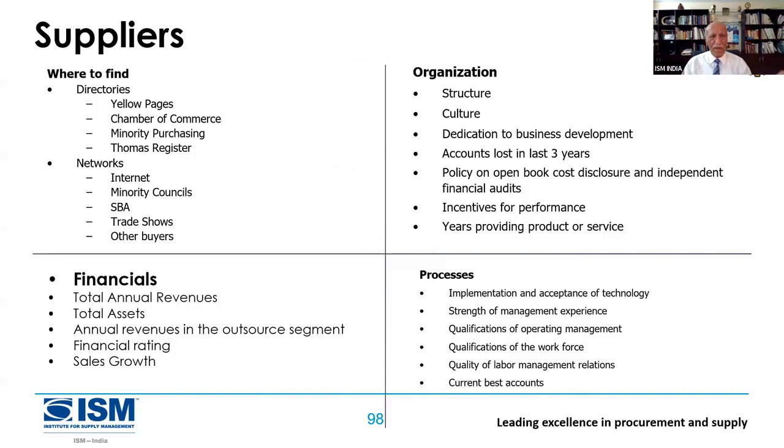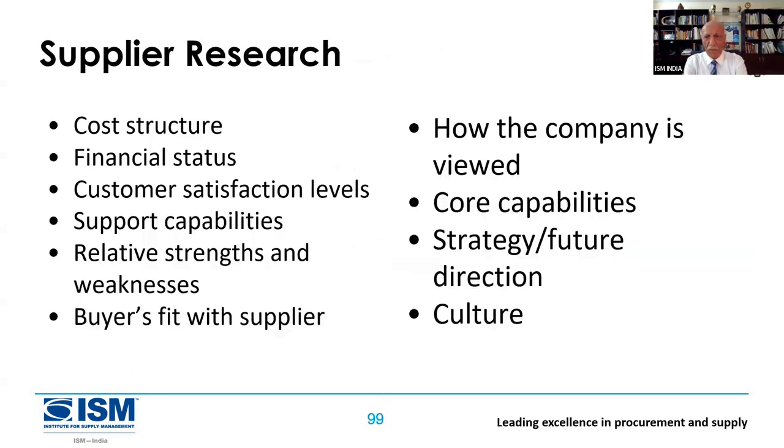Now, where to find suppliers: directories, network, financials, organized financial reports, organization, and process. Supplier research, what do we look at? We look at the cost structure of each company. Suppose you're doing evaluation of the supplier, you consider them as a vendor. I like to see what the cost structure is, how much is the overhead.